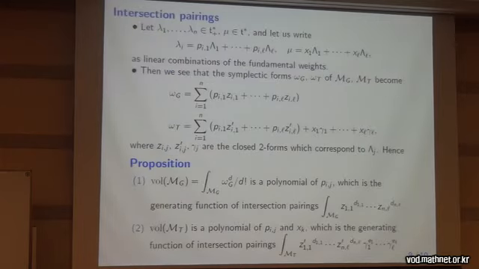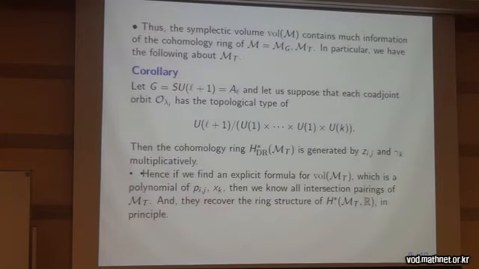If you know this volume completely, then we can get the information of these intersection pairings. And in principle, all the intersection pairings of M_T recover the ring structure of the real or rational homology of M_T. So the volume is a very useful invariant in our setting.